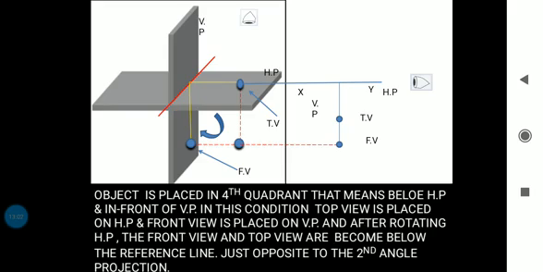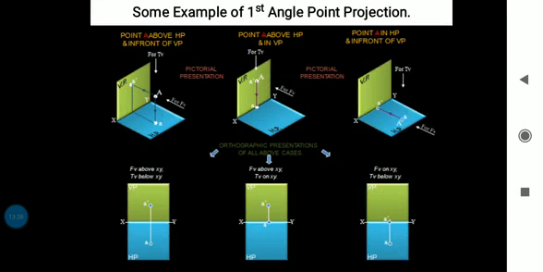Generally, third angle and first angle projection are used. Second angle and fourth angle projection are not used, because the horizontal plane and vertical plane coincide with each other, so it becomes very complicated to separate the top view and front view, so we avoid it. So finally the point projection is clear. Now see some examples of point projection.